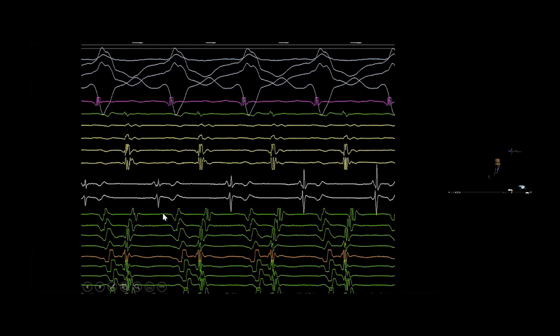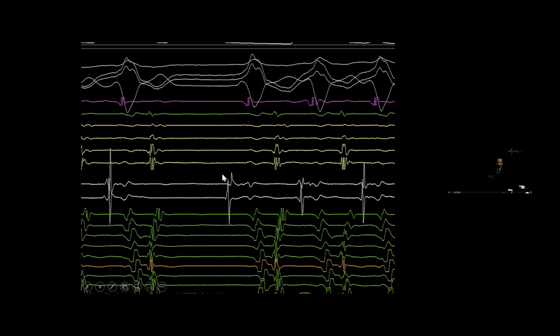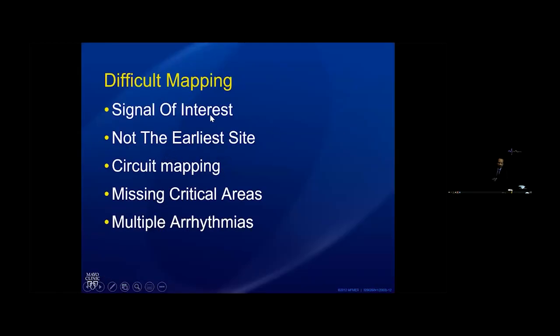This can greatly make a difficult mapping case quite simple, because all we need to do is map the structures that give you this late near field signal in sinus rhythm, but flop or turn around and become early when we're actually having the arrhythmia. So signal of interest, very important, and something that throughout this series, you'll see as a theme that comes up when addressing a difficult type of question or scenario.